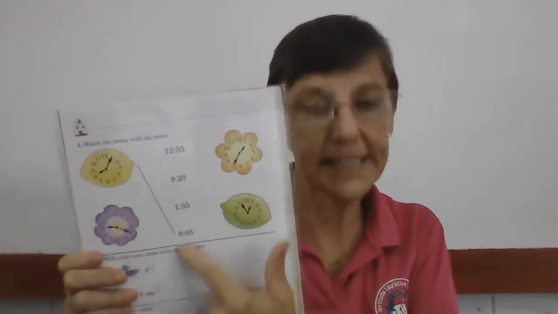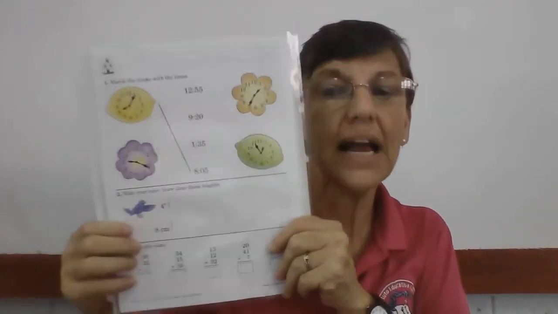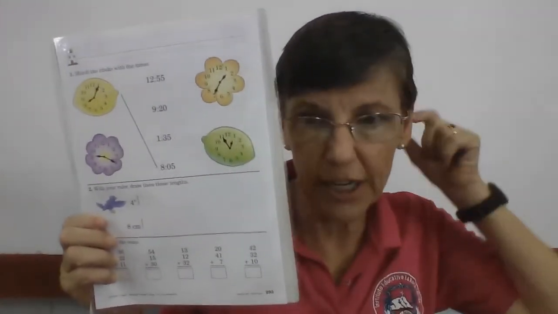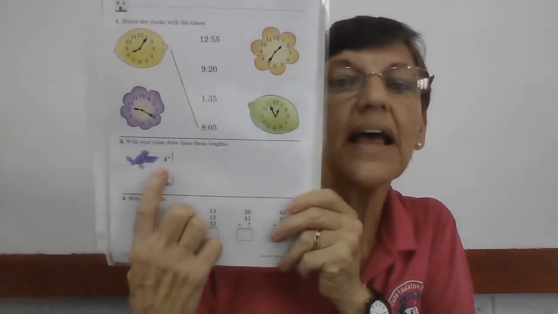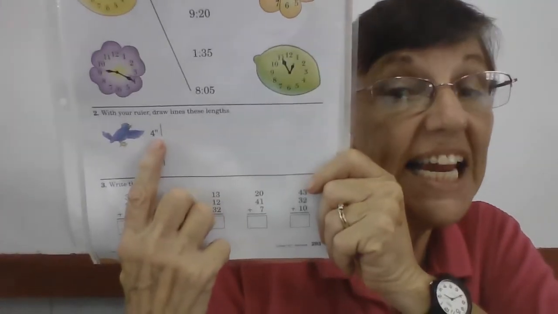Okay, other side of your paper. Other side is easy, easy, easy. You ready? Analog clock, digital clock. Draw lines to the right time. Down here, pay attention. Eyes on, ears on. This says draw a line that is 4 inches. Remember, that's the inch mark.